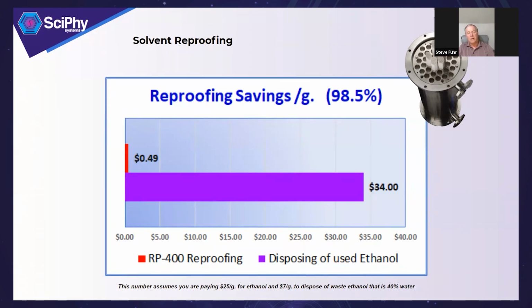And one of the things I say to folks in looking at this reproofing concept is this is equipment that you buy whether you own it or not. Meaning if you don't buy it and you're throwing away your ethanol, you're paying for the machine, but you don't own it, every 7 months. Right.